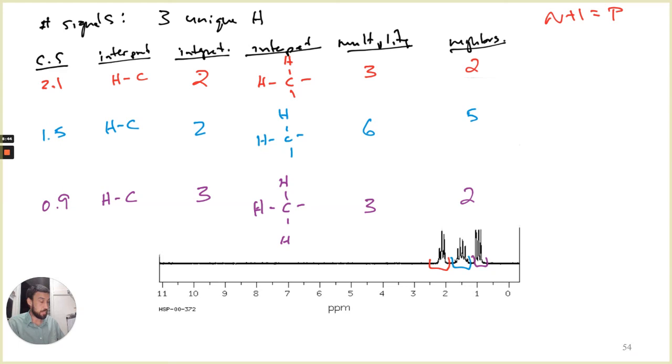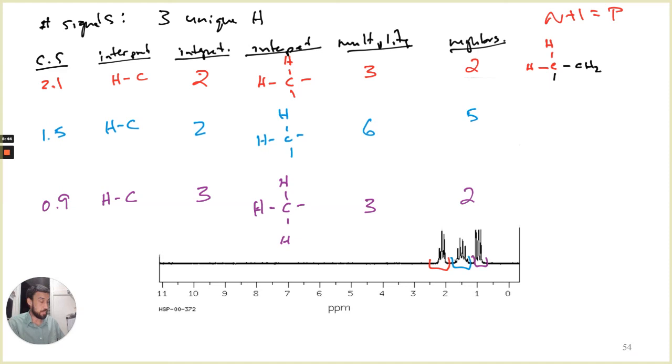So what does that mean for us? Well, that means that top one with our CH2 has 2 neighbors. The easiest way for that to come out would be next to a CH2. I don't know what that CH2 is connected to, so I'm not going to go that direction.